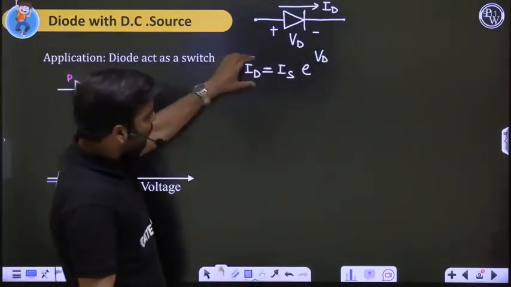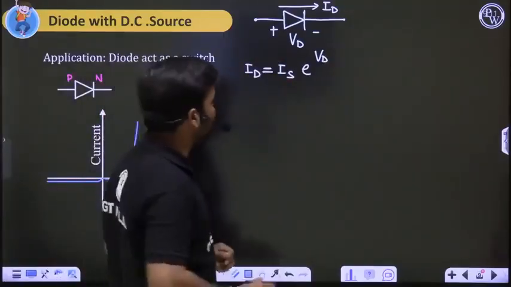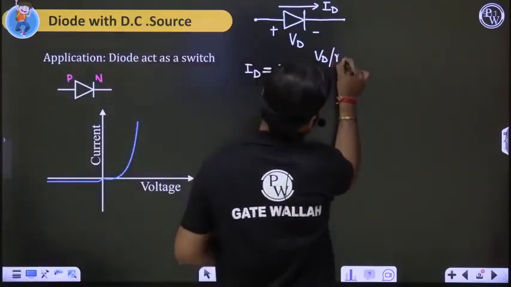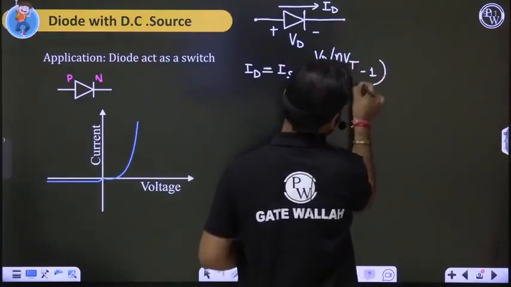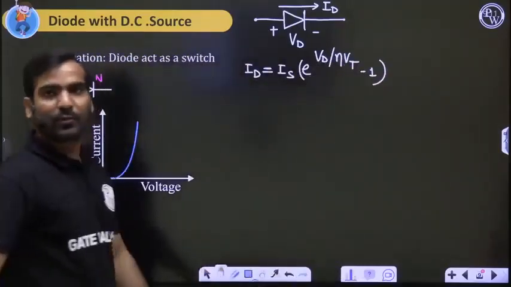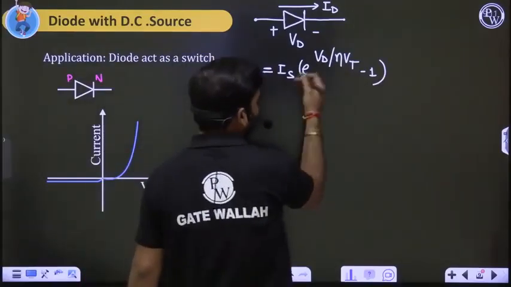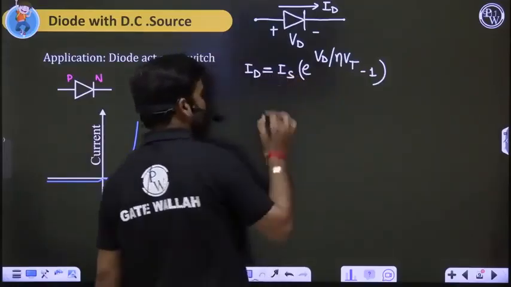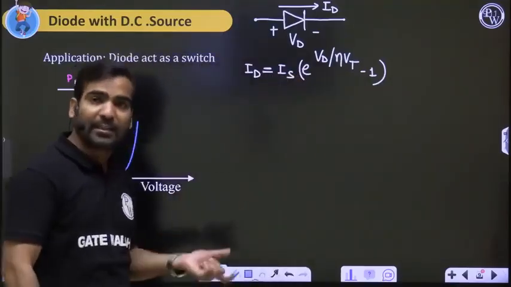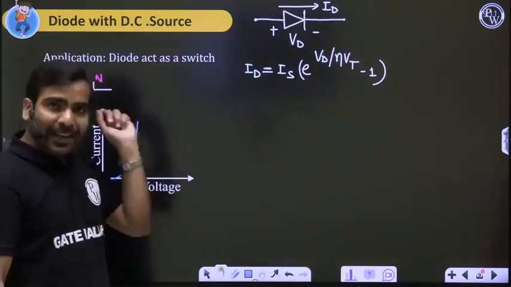ID equal to IS, where IS is some constant, forget about what IS is right now, upon eta times thermal voltage VT, minus 1. This is the basic equation of the diode current. Now the point is, what is IS, what is eta, what is VT. VD is diode voltage, ID is diode current. Diode current direction is P to N.